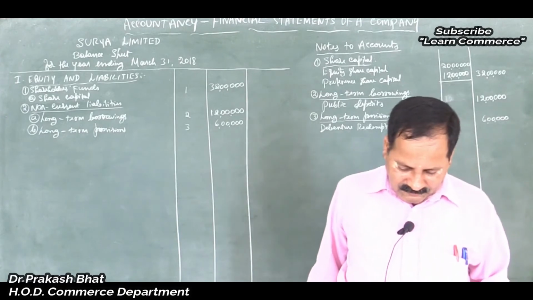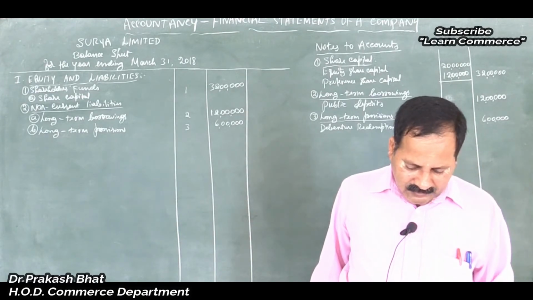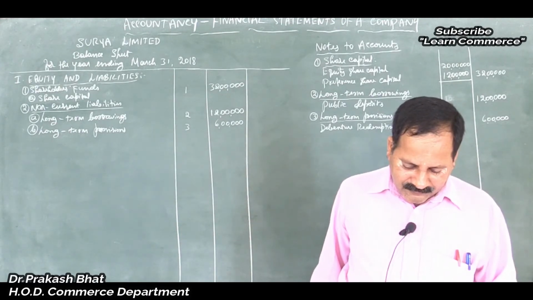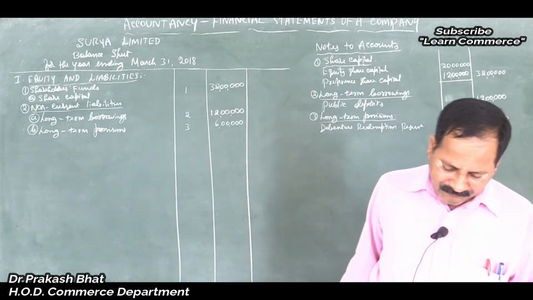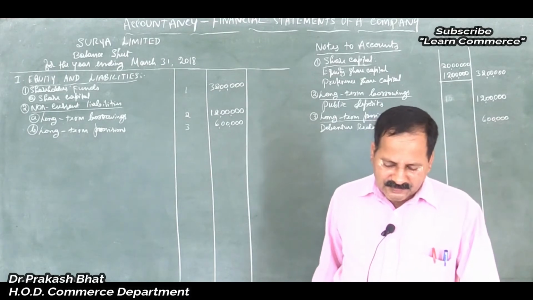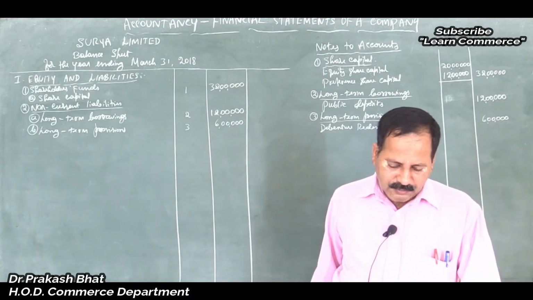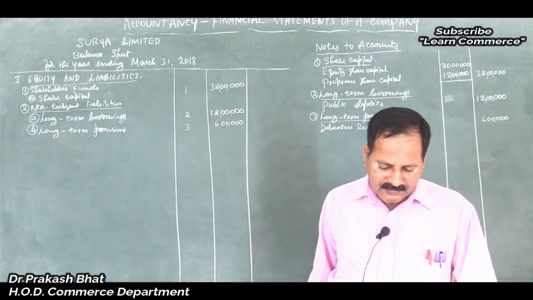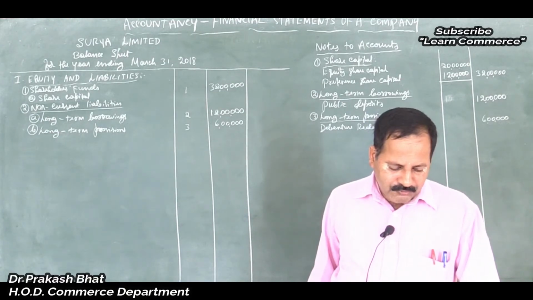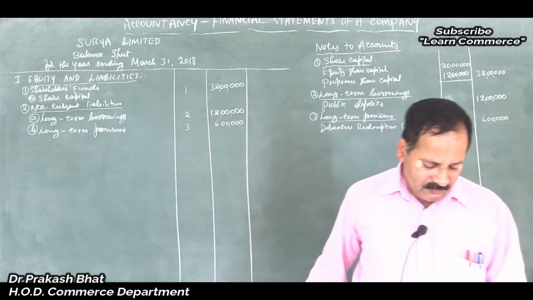Then current liability, we have to move on towards current liability. Yes, there is a current liability. Proposed dividend is there. Short-term borrowings are there, 4 lakh.